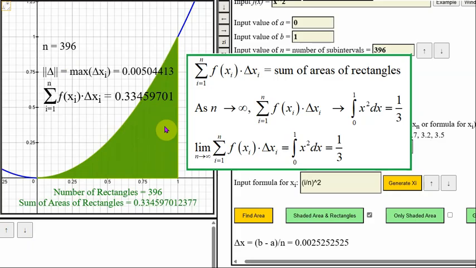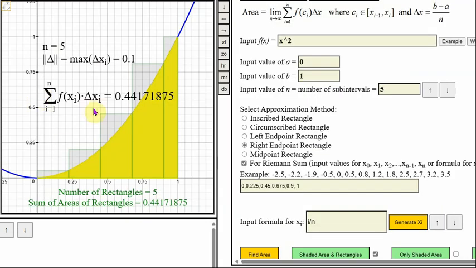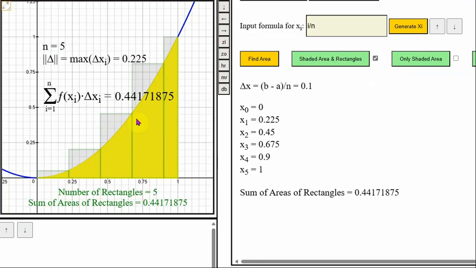And now let's look at a case where n increases, or n approaches infinity, but the sum of the areas of the rectangles does not approach 1/3.